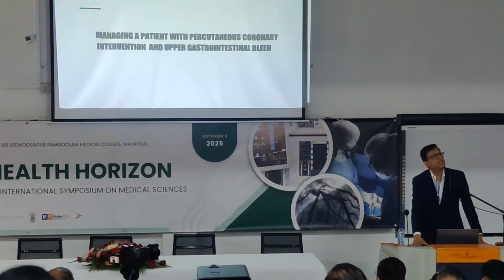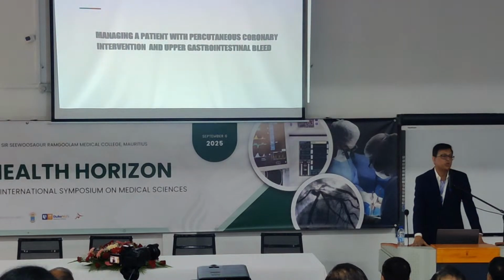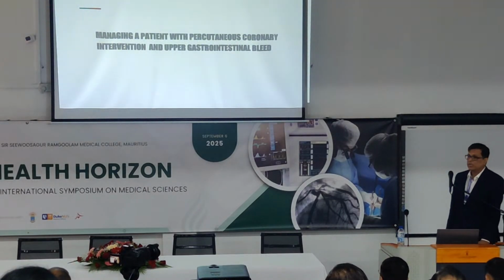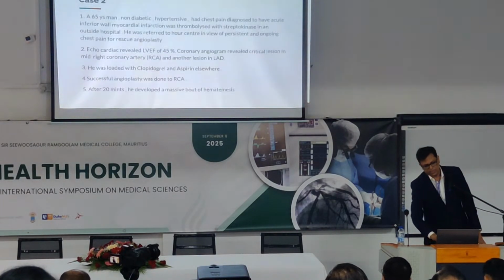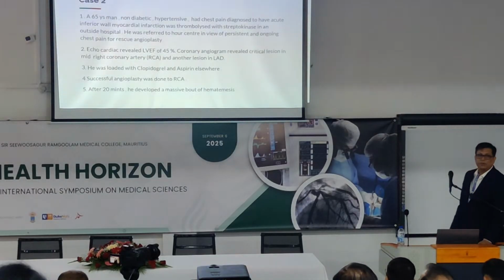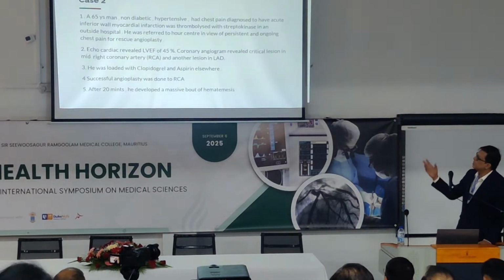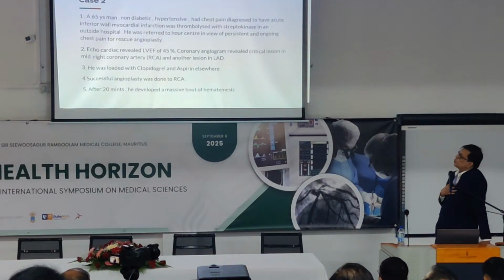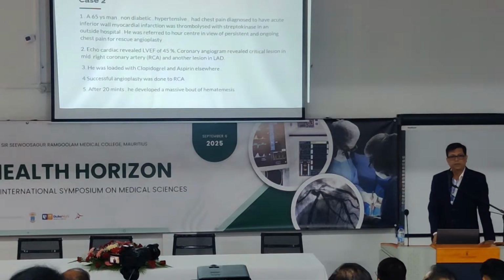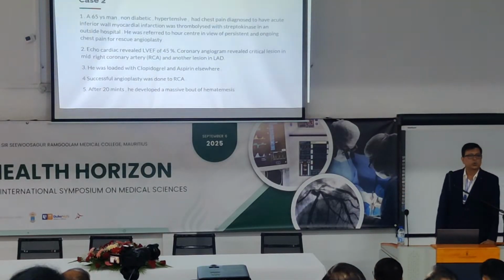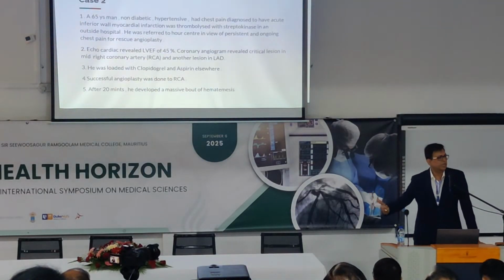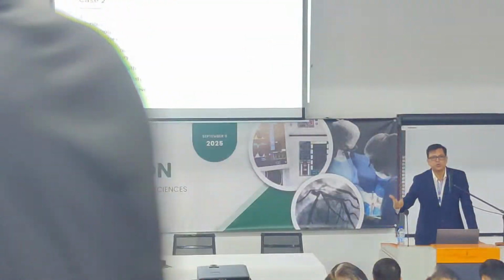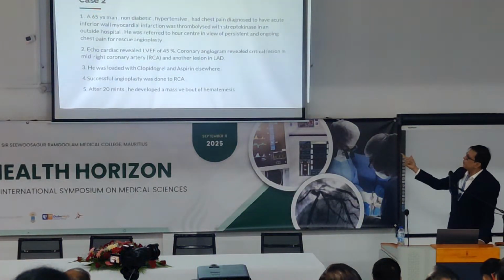Another possibility: suppose the patient bled from the GI tract, what is to be done in such a case? I am presenting you another case. This was a 65-year-old male patient, non-diabetic, hypertensive, who came with chest pain and was diagnosed with an acute inferior wall MI. They loaded the patient with dual antiplatelet as we do before the procedure. The patient went for the procedure.